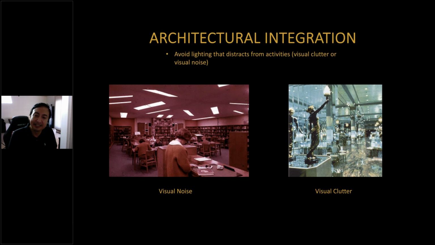And then there's the other side of the spectrum, the visual clutter, where if you have way too many lights in way too many random areas, it's difficult to get a sense of the flow, the orientation, the depth, or the transition or direction in which you should be going or utilizing the space as you're walking through it. So something to keep in mind.